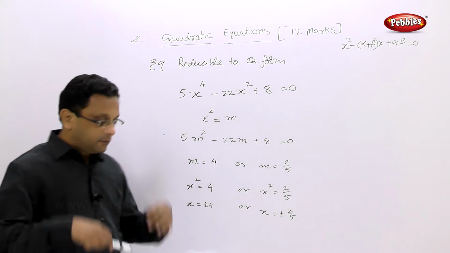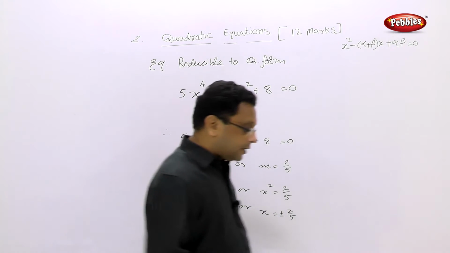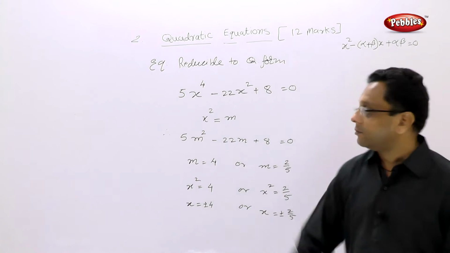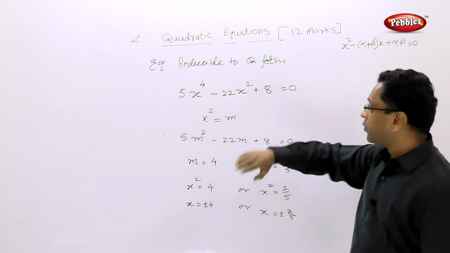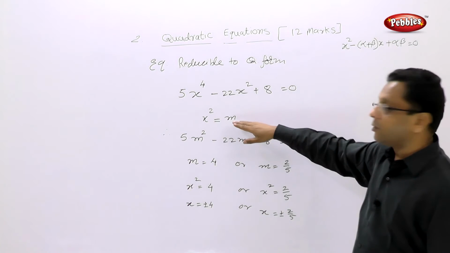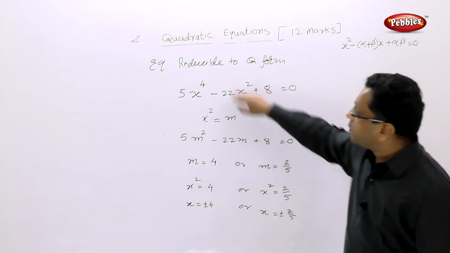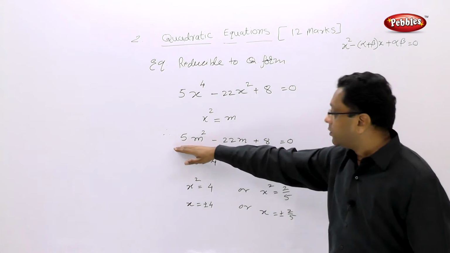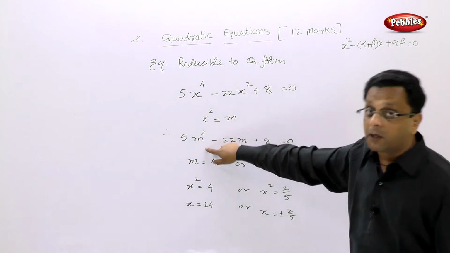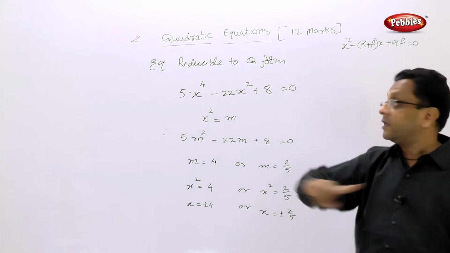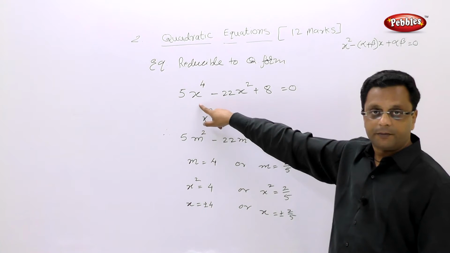Reminding you again: originally this is not a quadratic equation, so we substituted x square is equal to m. When you substitute, you get a quadratic equation in variable m, but our target is not m, our target is x.